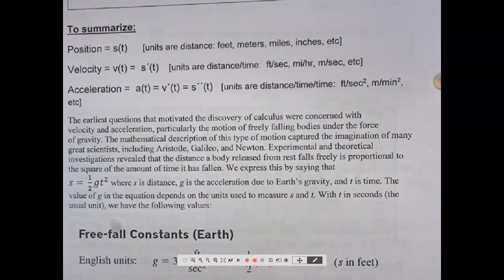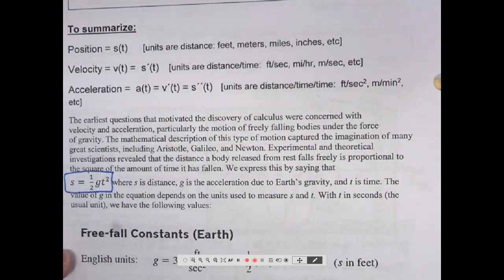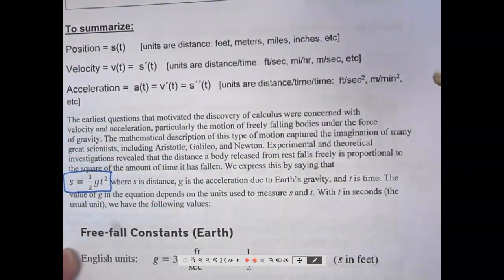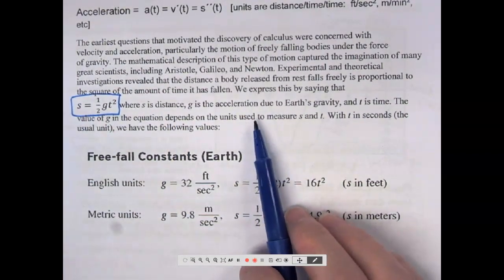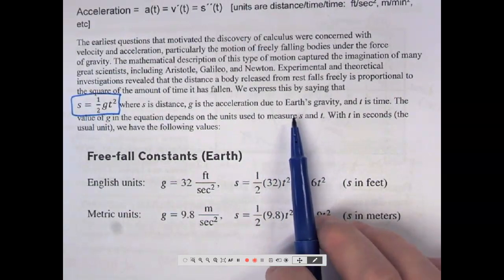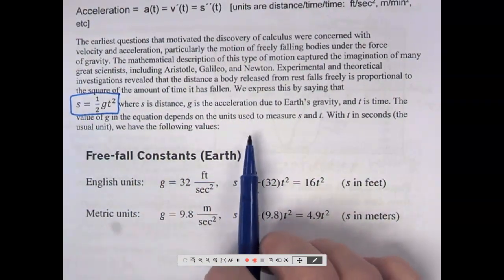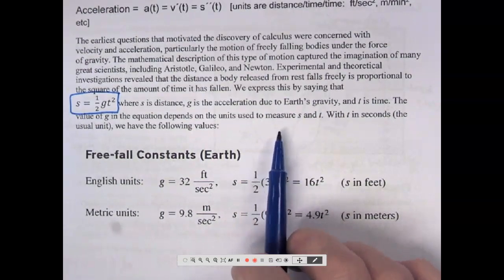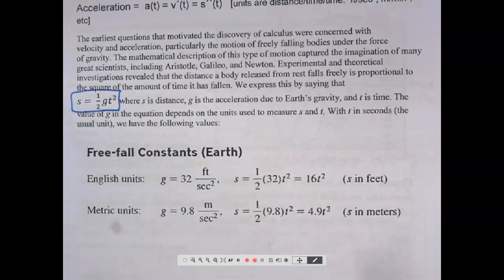We express this by saying that position is 1/2 gravity times time squared, where s is the distance, g is the acceleration due to Earth's gravity, and t is time. The value for gravity depends on the units used to measure s and t. With t in seconds, which is our usual unit, we have the following values.